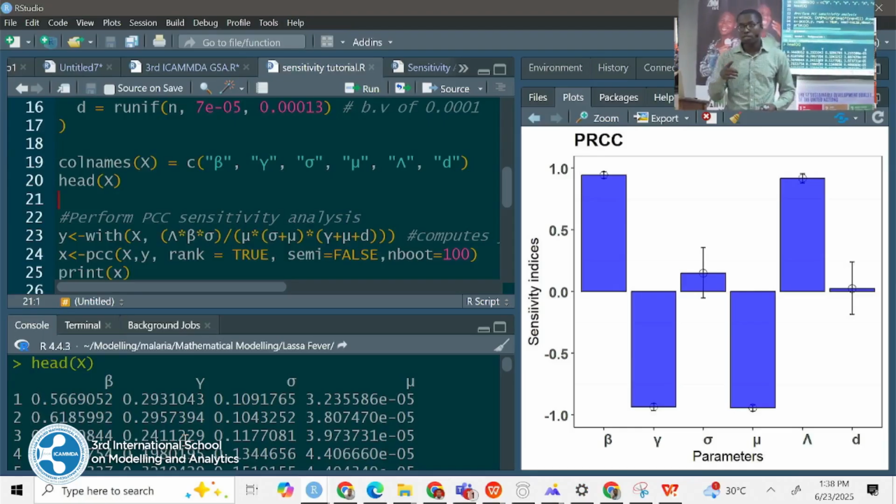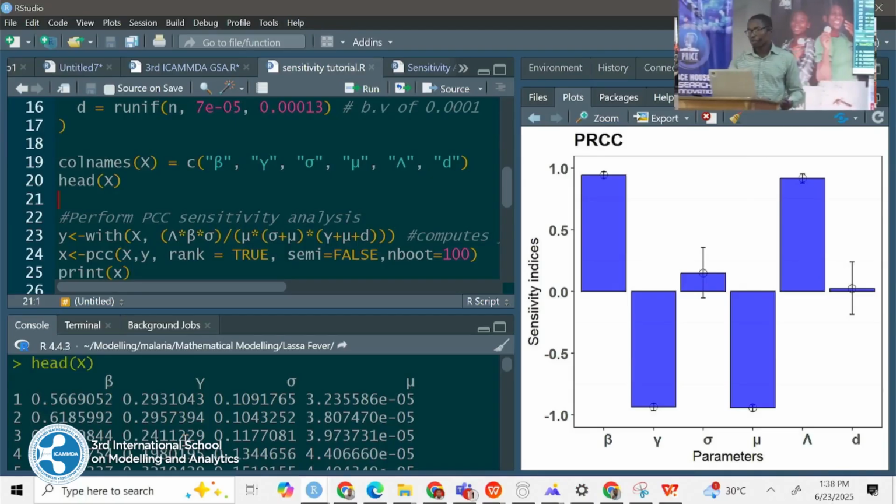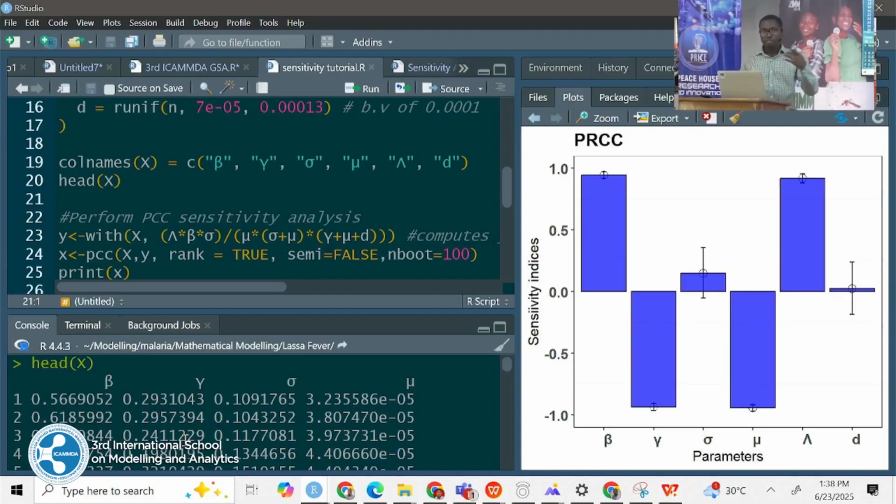Although the longer time it will take for the codes to run. So it's advisable maybe use 1,000 simulations, 2,000. But the more accurate, the longer time it takes. So I just use 100 just for simplicity.